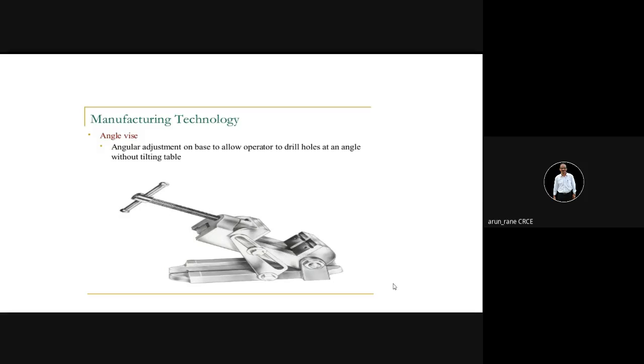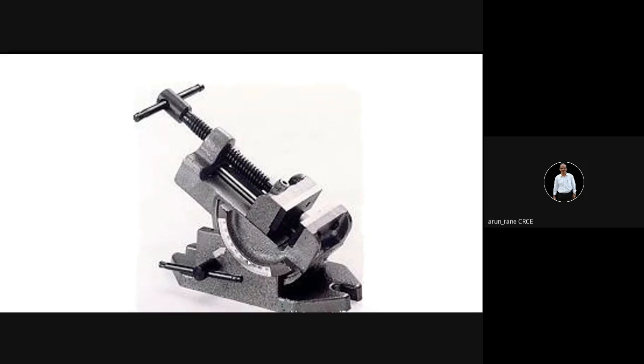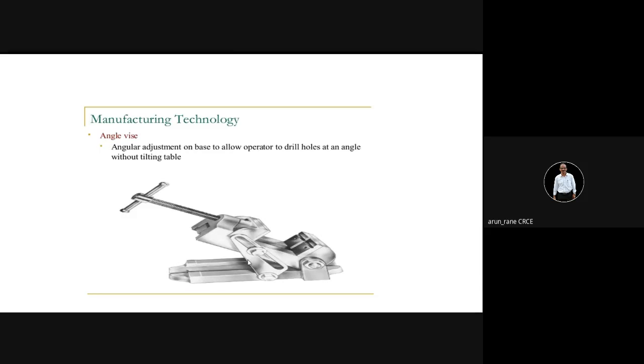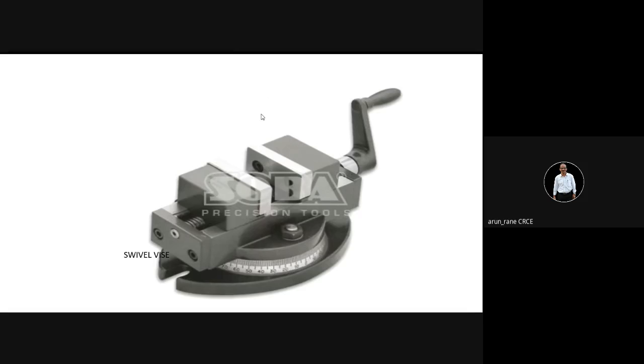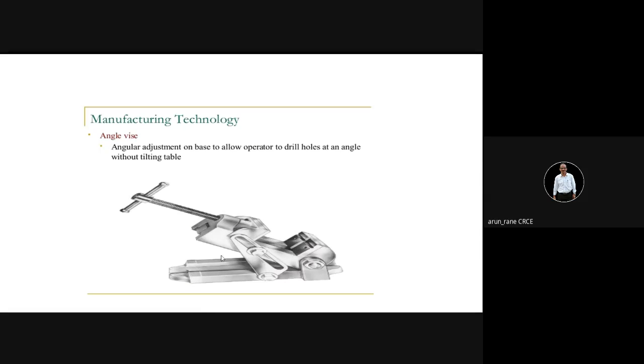This is your angle vise. Now the earlier one was about the vertical axis, that is the z axis. Now this can be swiveled about this, that is in this plane.